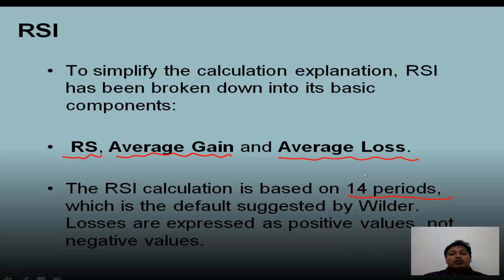The 14 candles could be of 1 minute, or 30 minutes, or you could also use a daily candle, which means you can build the RSI system on a 14 day period, which is the default suggested by Wilder. Losses are expressed as a positive value and not as a negative value.